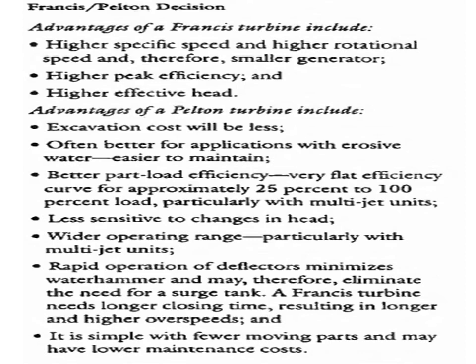I would like to consider a story in Canada in the 80s or in the 90s. They had a site where they could use a Francis turbine or a Pelton wheel, and the consultation office, after its study, which took about one year, recommended using a Francis turbine, and the customer approved that.